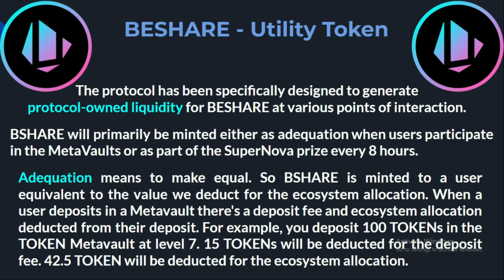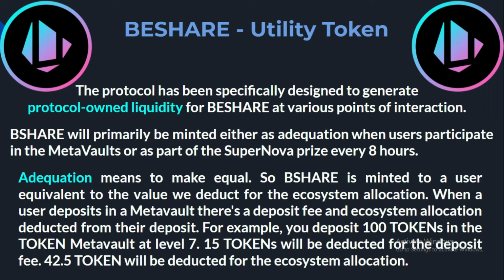For example, you deposit 100 tokens in the token MetaVault at level 7. Of course, the MetaVault has levels, and now you deposit at level 7. 15 tokens will be deducted for the deposit fee, which is 15%, and 42.5 tokens will be deducted for the ecosystem allocation.